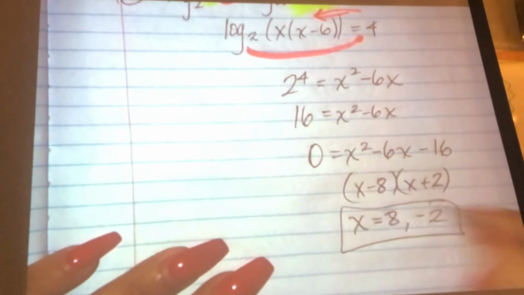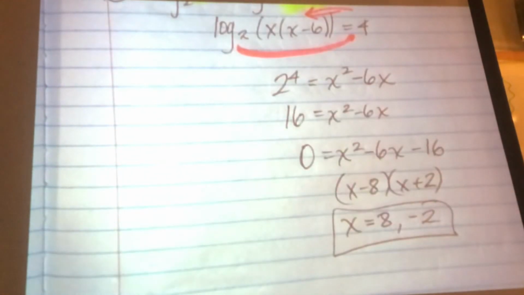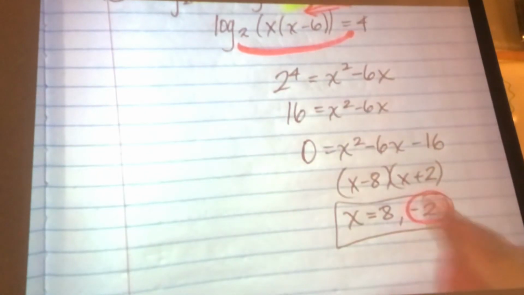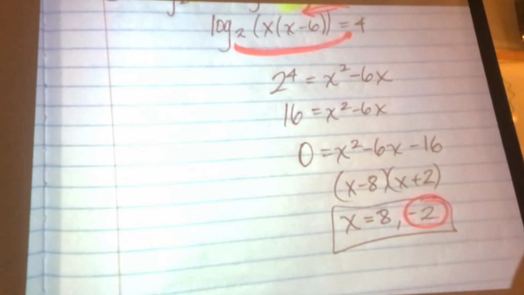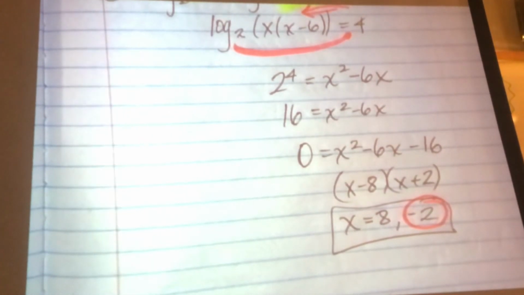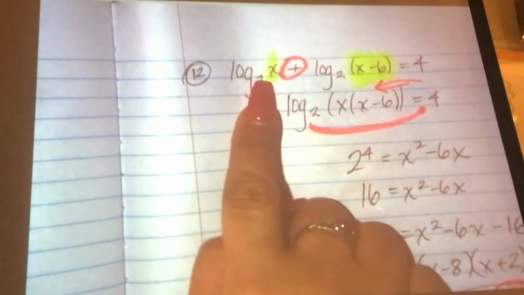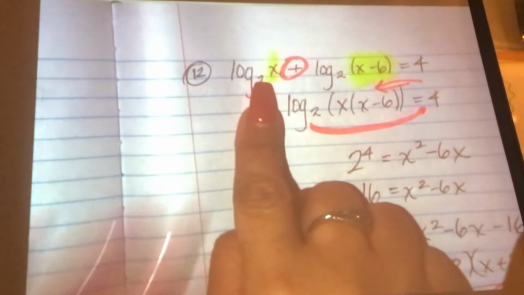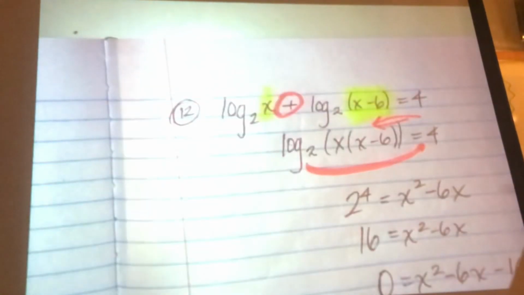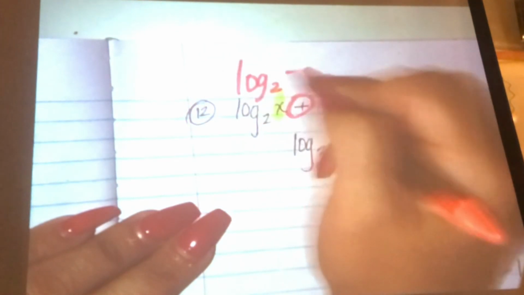And I'm always very wary about negative answers because I just realized I can't find a power that's going to get me to a negative answer. So if I plug in this negative 2 here, right here, help me out. This is going to say log base 2 of negative 2.